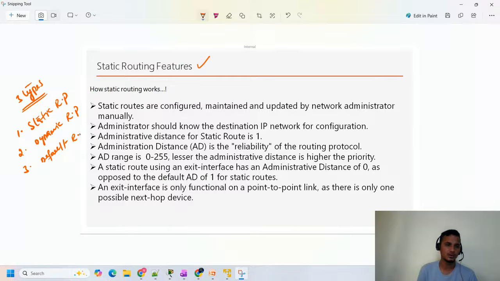We are discussing the static routing protocol, guys.